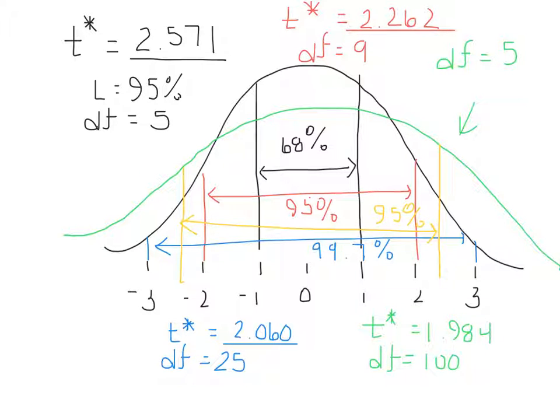Now, with an even higher number of degrees of freedom, significantly higher than 25, I have to go only 1.984 standard deviations out in both directions of the center to capture the middle 95%. It's getting very, very close to the 1.96 standard deviations that we know we would have to go out in the normal curve to capture the middle 95%.